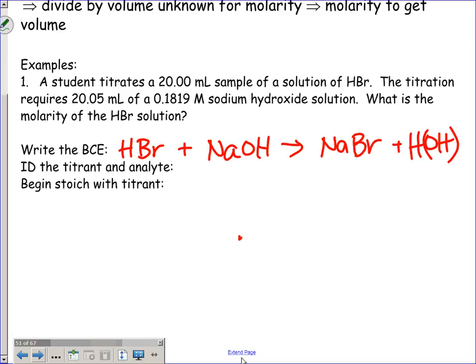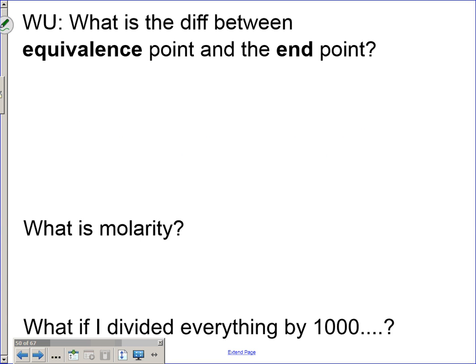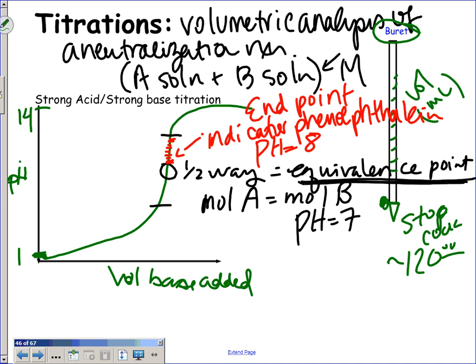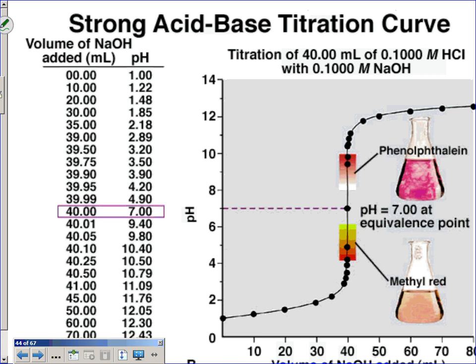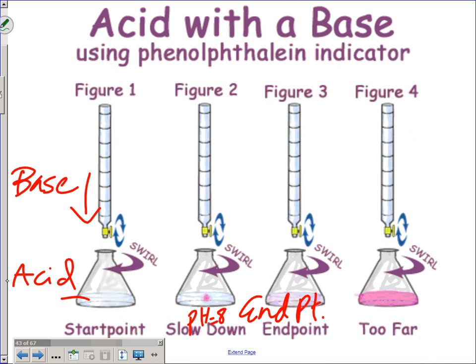Second thing, you must identify the titrant and the analyte. Now that information I maybe didn't state earlier, but you have this picture. Whatever's in the burette generally is going to be called the titrant because you are titrating with it.